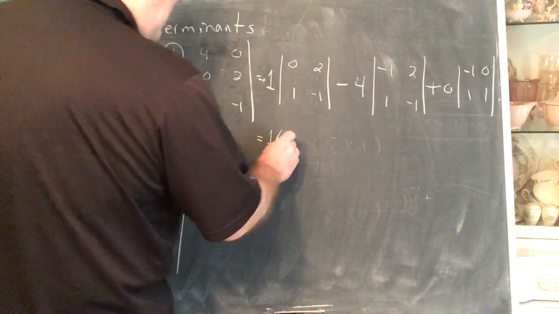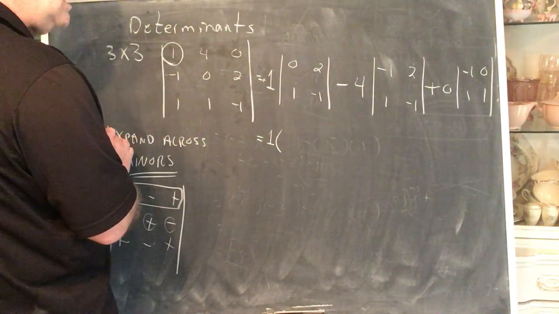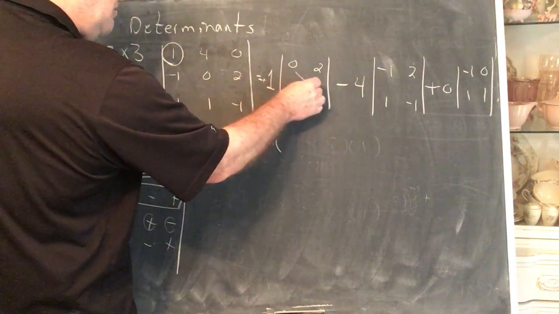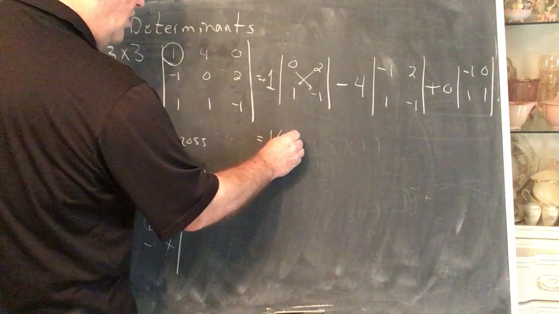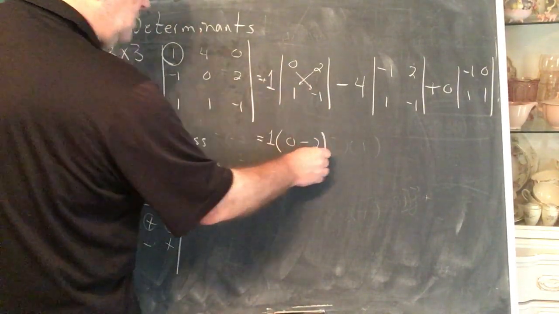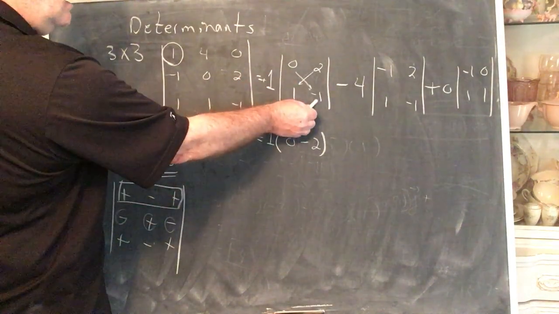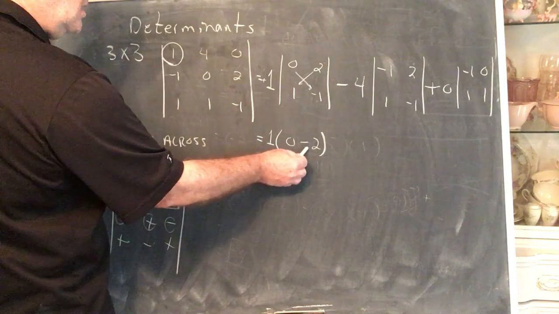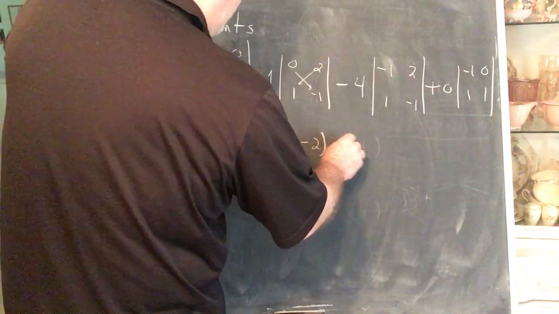This is 1 times, and you do the determinant here the same way we did the 2 by 2s. Multiply, subtract, multiply. Well, multiply 0 times negative 1 is 0, minus multiply 2 times 1 is 2. Multiply, minus, multiply. This is always subtraction when you do the 2 by 2 determinant. Now be careful with the signs.